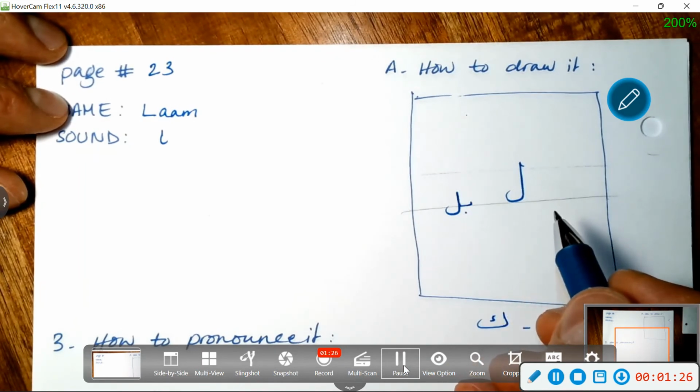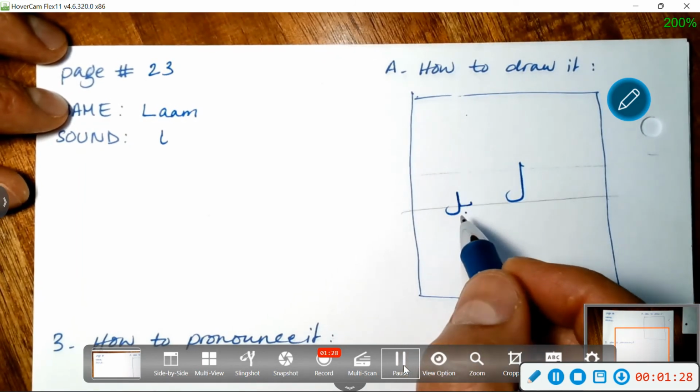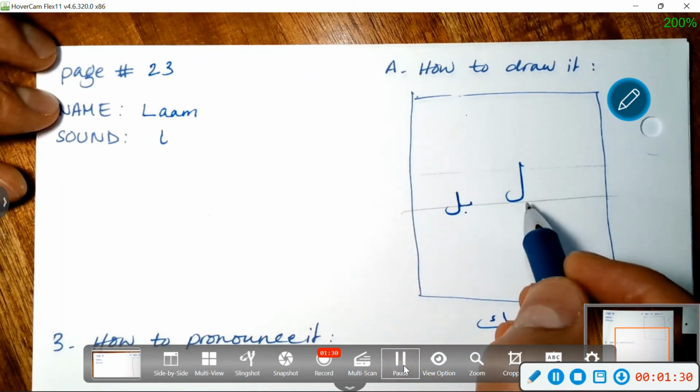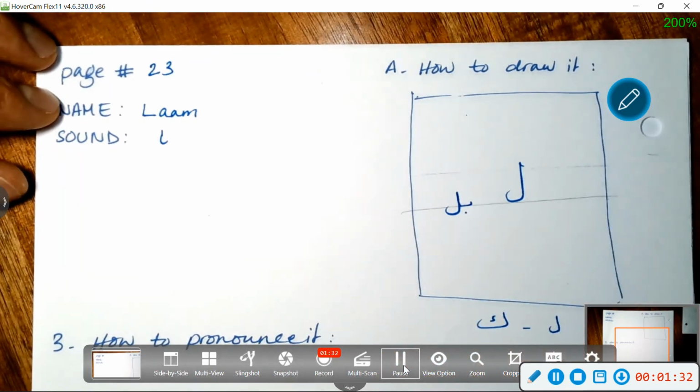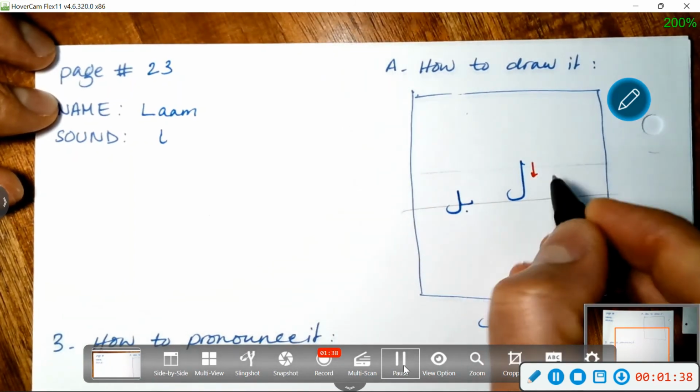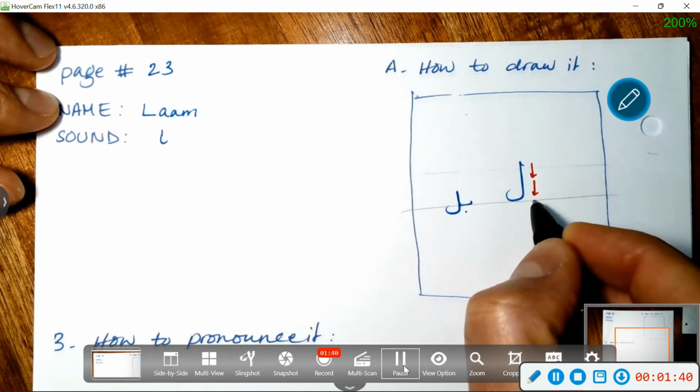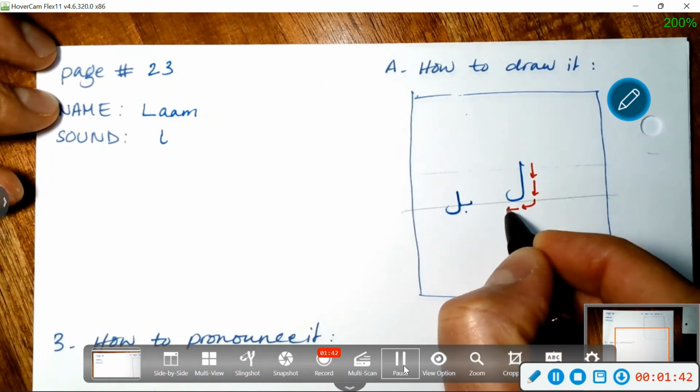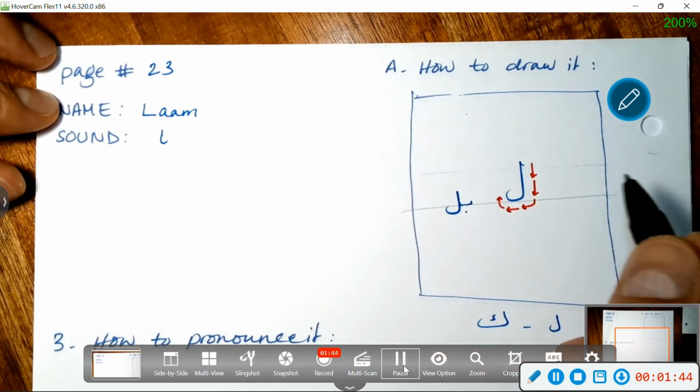But if it's not connected and not at the end of the word, it stays over the line. And it's very simple. One line, and you just give it that shape.